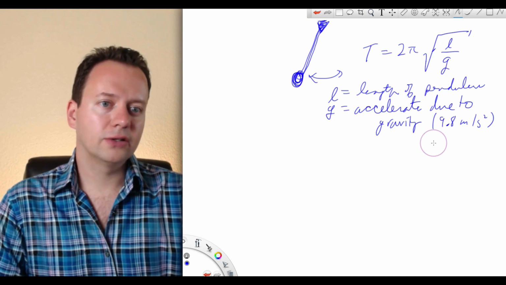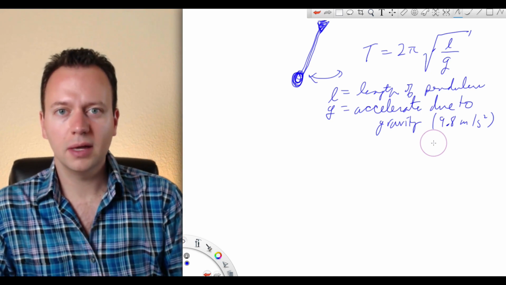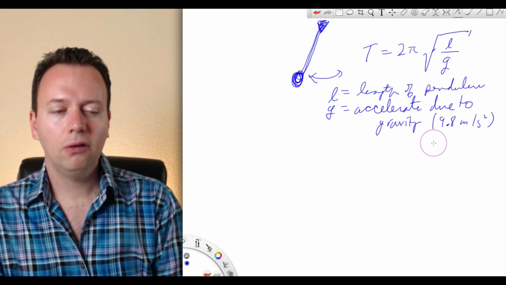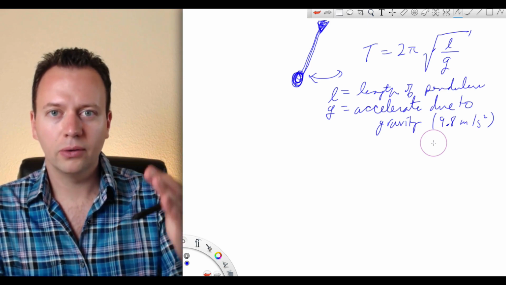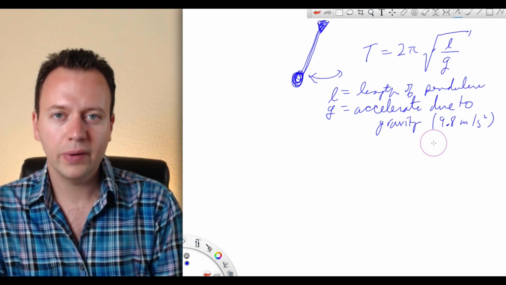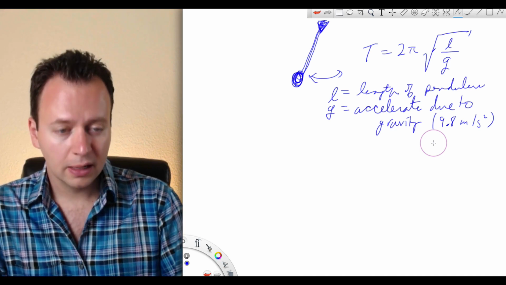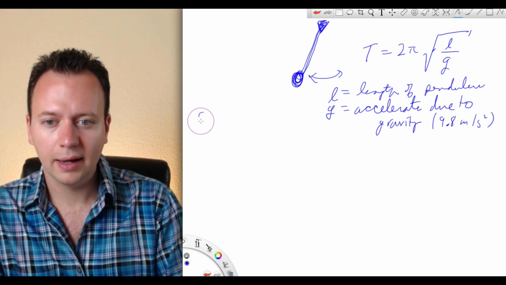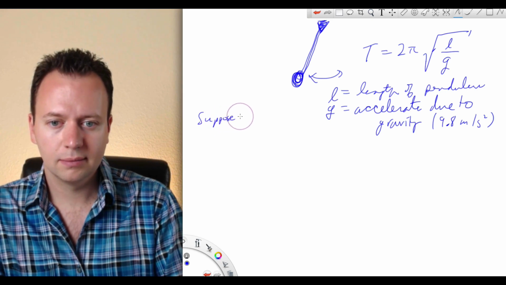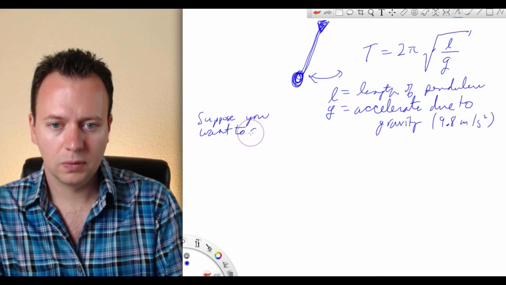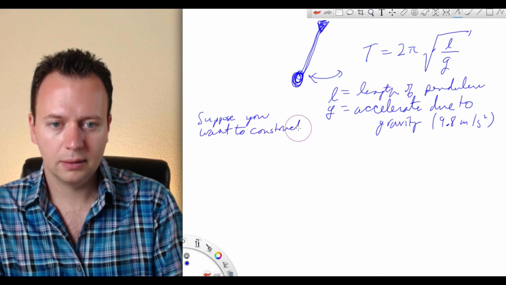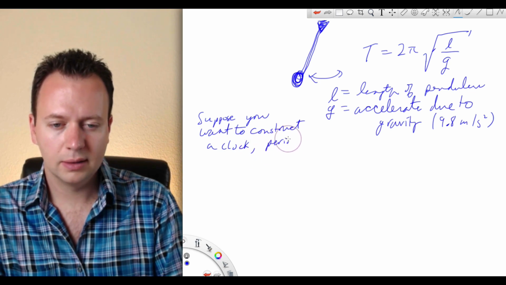First of all, we can ask a question. Suppose you have a pendulum and a grandfather clock. How long does the rod have to be in order for the period to equal exactly 2 seconds? Suppose you want to construct a clock so that the period is exactly 2 seconds.